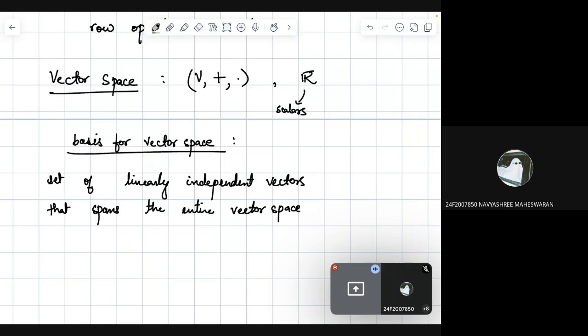When these two conditions, spanning the vector space and linear independence, are satisfied by any set, then that set is called the basis for the vector space, and the basis for a vector space is not unique. A vector space can have more than one basis.